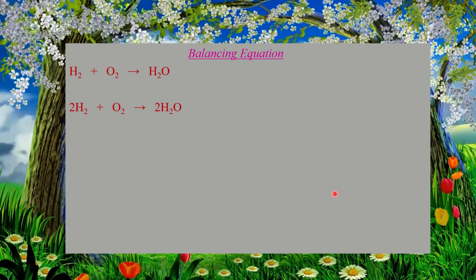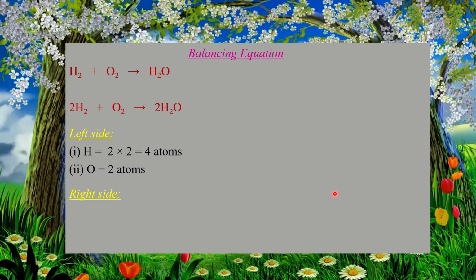How will you prove this? We have to calculate the atom number of reactant and product. Now look, on the left side, there are total 2 into 2, total 4 atoms of hydrogen, and oxygen is also 2 atoms.